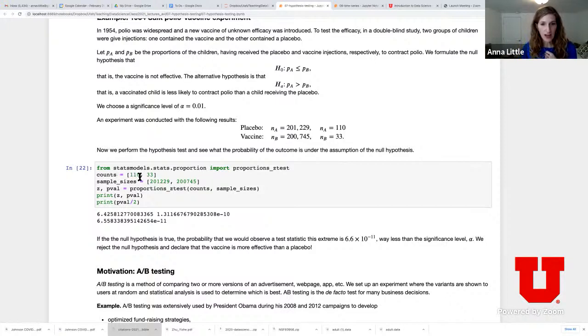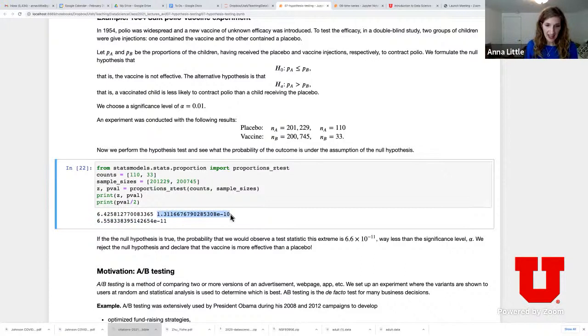Our counts are 110 and 33, sample sizes about 200,000 for each group, and then run the proportions z-test on those counts and sample sizes. And what do you see? If you just run it without further input, it's going to default to a two-sided hypothesis, and it will compute this p-value right here, which is tiny, tiny, tiny.